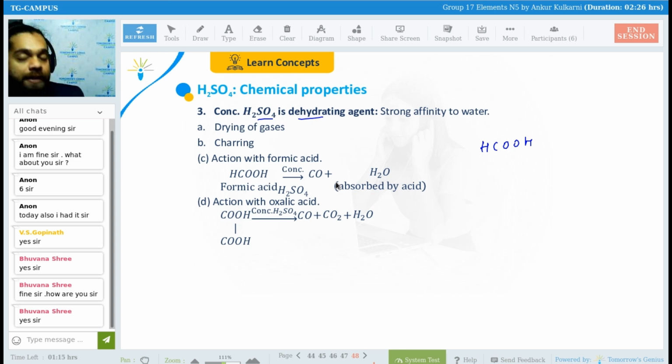Do not say formic acid. Formic acid is your common name. It is not an IUPAC name. What will be the IUPAC name for HCOOH? Prashanti, Sajna, Ragul, Kirtini, come on.